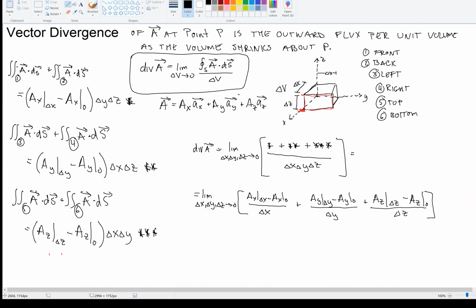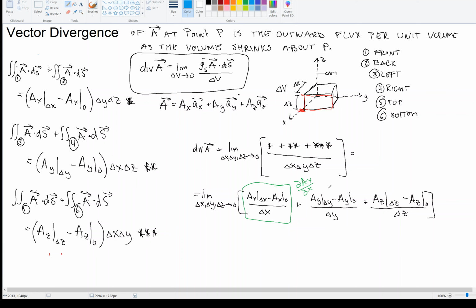And amazingly, and this is really neat, you should recognize this as a derivative, right? As the limit as delta x goes to 0, we've got ax evaluated at delta x minus ax evaluated at 0 divided by delta x. So that's the partial derivative with respect to x.